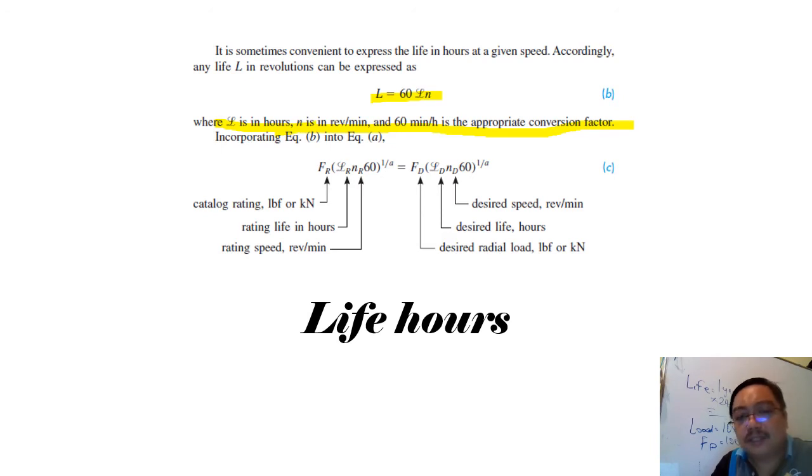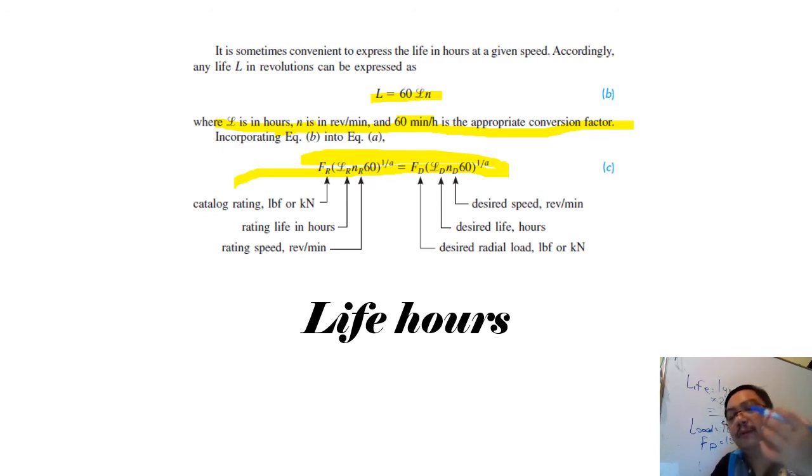This is the equation that you will use throughout: FR in bracket LR and NR times 60, to the power 1 over A, equals desired load, desired life, desired speed, and 60 here is 60 minutes per hour, and then 1 over A.